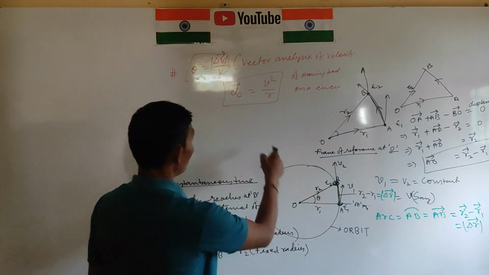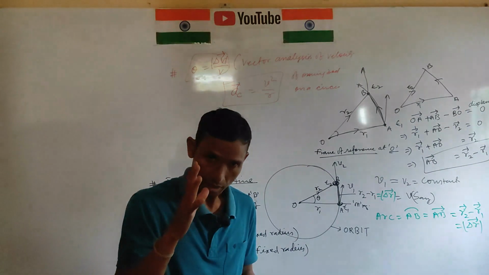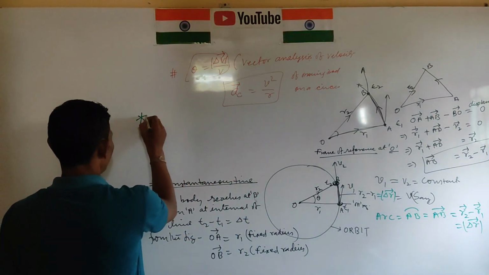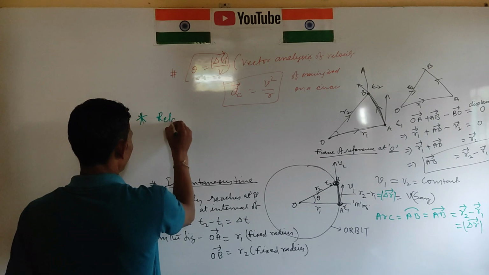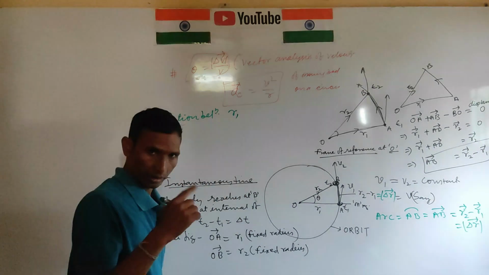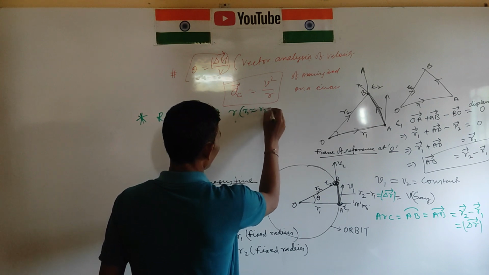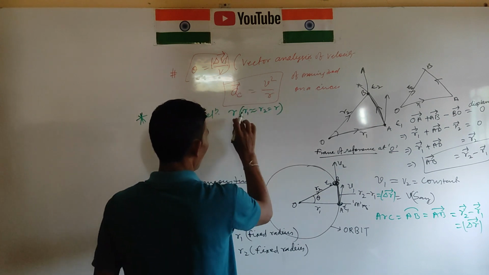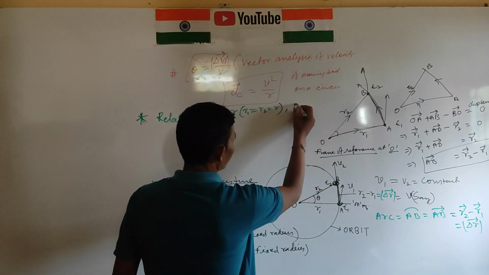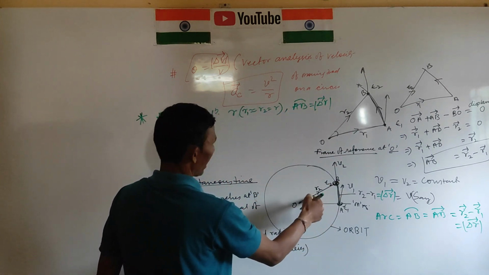Now we know the relation between the angle, fixed radius and arc. The relation between the radius R, where R1 equals R2, that is called R, and the arc AB, that is delta R, and the angle, that is called theta.